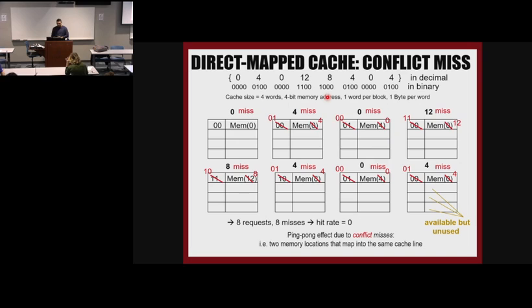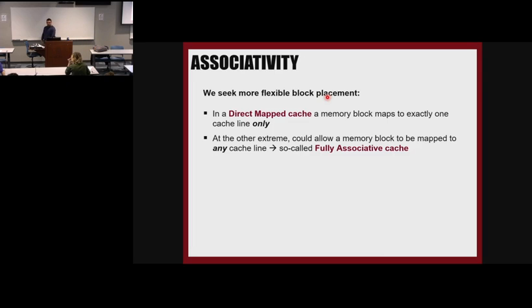Okay. So now, let's see how we can fix this problem with associativity. So, the whole idea of associativity is that they want to give it more flexibility. In the direct map cache, every memory block is mapped to one location in the cache, right? As fixed, no flexibility. Okay.